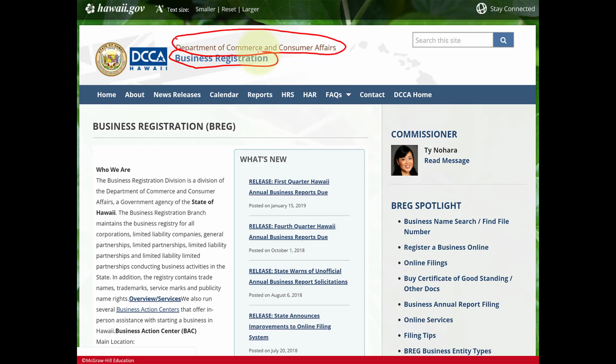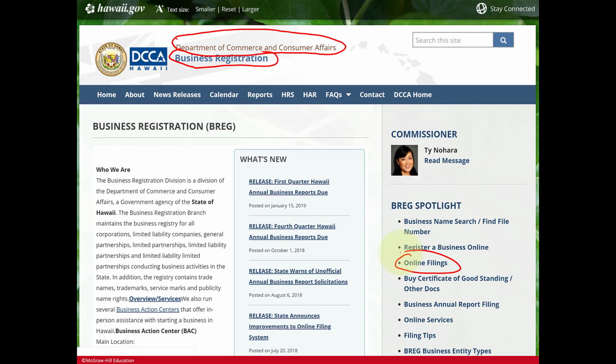And you can actually go online and register your business. There are some other links I have in the Laulima site, the resources folder, that show you the almost 20 different types of business entities that can be registered.